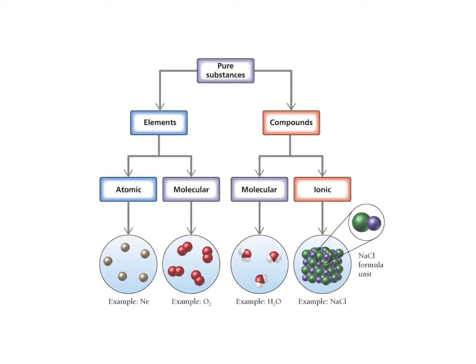And as we mentioned, pure substances are categorized into elements and compounds. Again, I have these slides because I want to emphasize how important they are. So we can have atomic elements, molecular elements, molecular compounds, ionic compounds. Can anyone tell me what is an ionic compound? Is CO2 an ionic compound?